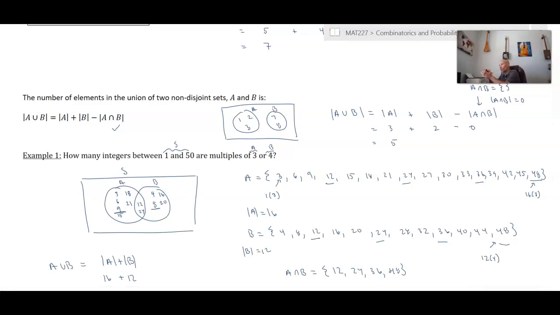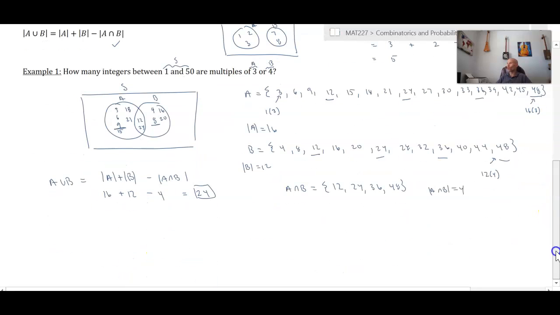So every multiple of 12 will be in common between the two. So the size of their intersection is 4 elements large. And because we counted those 4 elements within this 16 and within this 12, we need to subtract away the number of elements that they share in common to account for that double count. So we get 28 minus 4 is 24. And there's our answer for that.